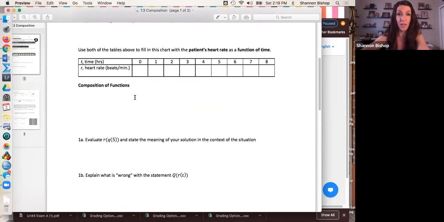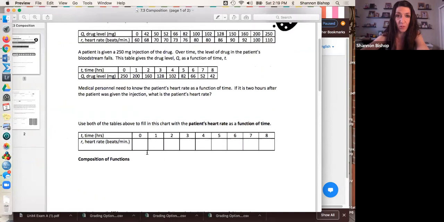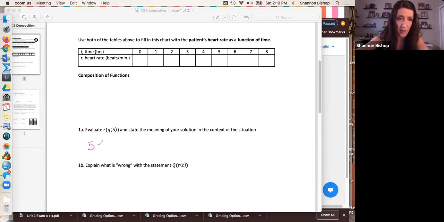Notationally speaking, I'm not going to be able to get all my things on one screen here, so bear with me, but notice how I'm saying that. The function notation is the word "of." So R of Q of 5, notationally speaking, says that first 5 gets plugged in to the function named Q.